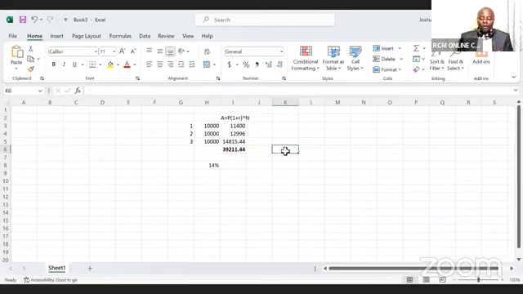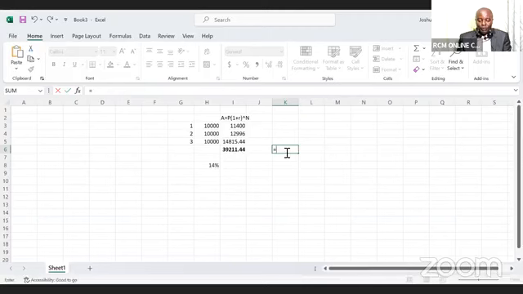Now, can I use a formula in Excel which will be able to give me this amount very fast? Oh yes, if I come and say equals FV, future value is the function that is able to give me this kind of summation quite fast. So the rate is 14%. Number of periods, these are 3 years, comma. Payment, I have 10,000.